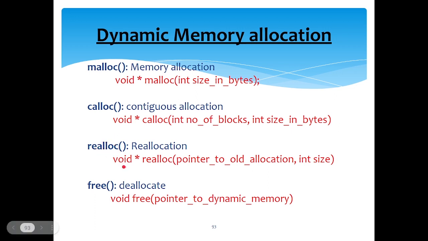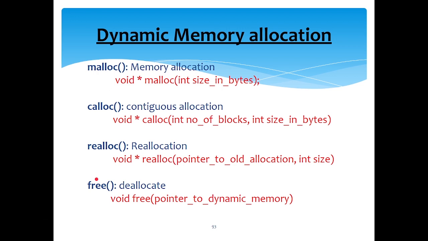The simple syntax is void star realloc. You have 2 arguments here: the pointer to the old location, whatever pointer is pointing to your old allocation, and size. You can see that int size is common in all of them. This is about reallocation. What is free?